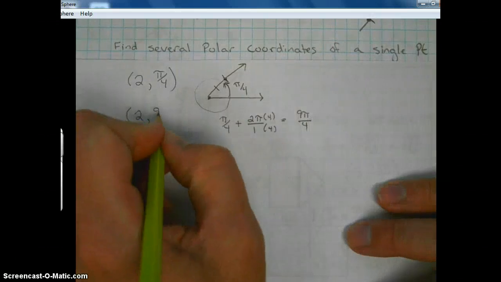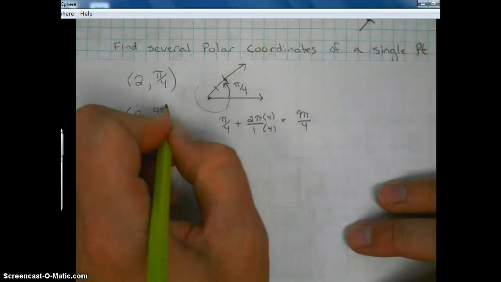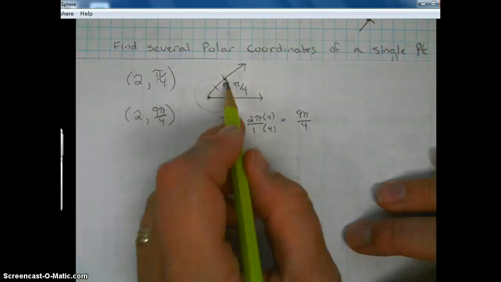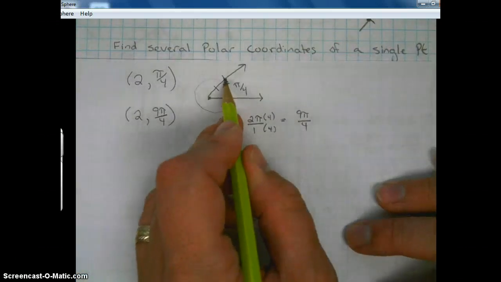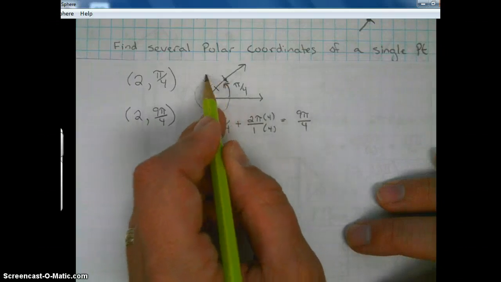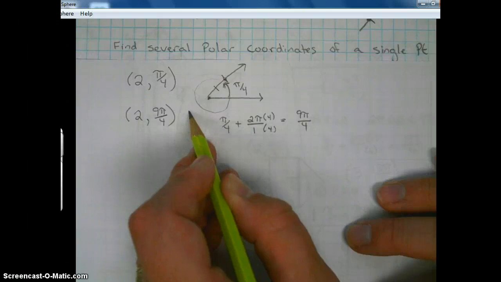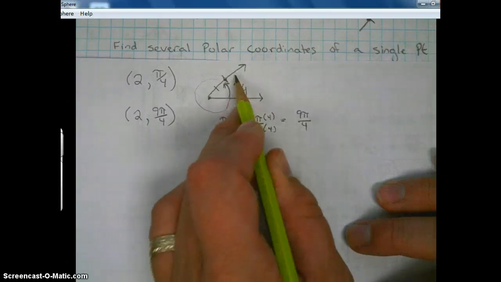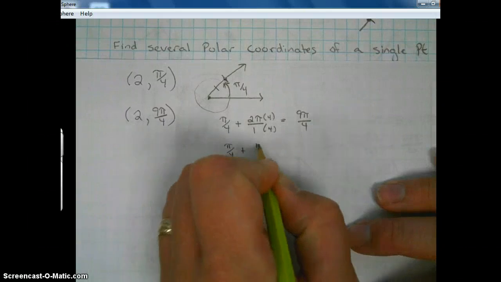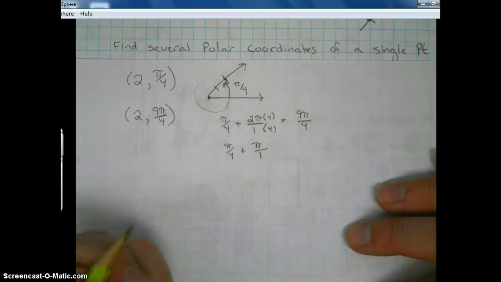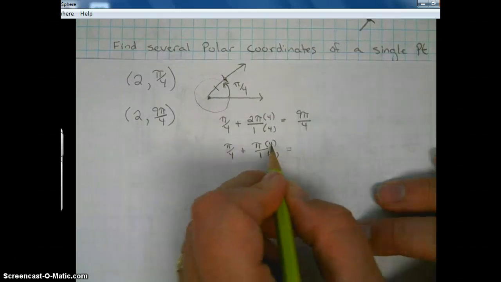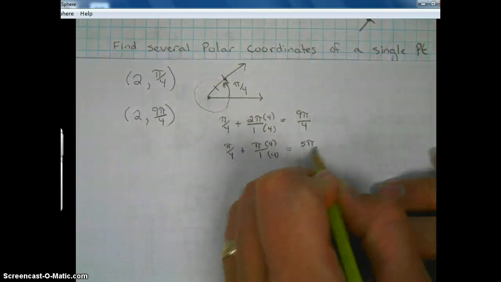So 9 pi over 4. Now we can also get this point if we go pi units and then go backwards. So let's take pi over 4, add pi, common denominator, so we get pi plus 4 pi is 5 pi over 4.